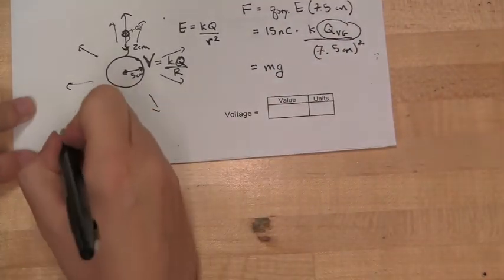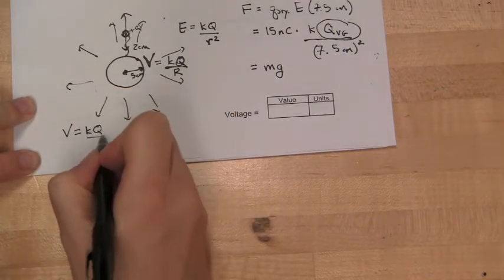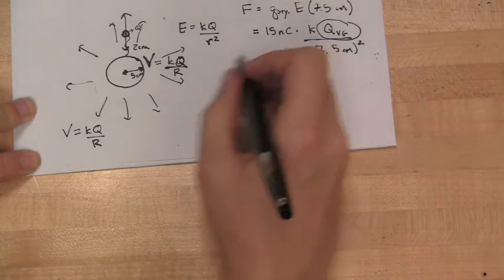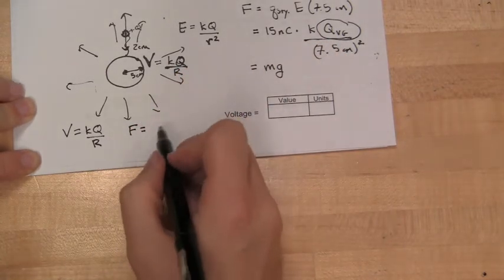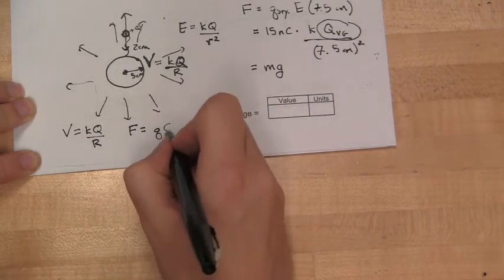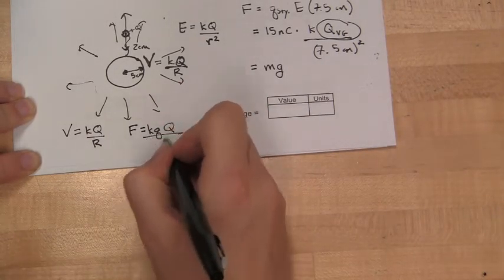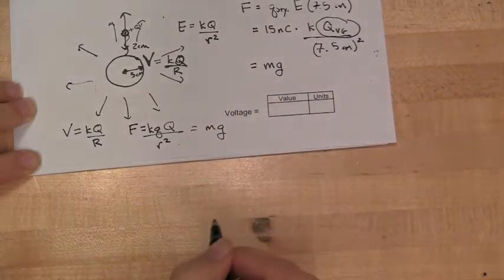So we had that V, the potential, is kQ over big R, and force is equal to kQq over r squared, where small q is the charge of the styrofoam, and this is also equal to mg.